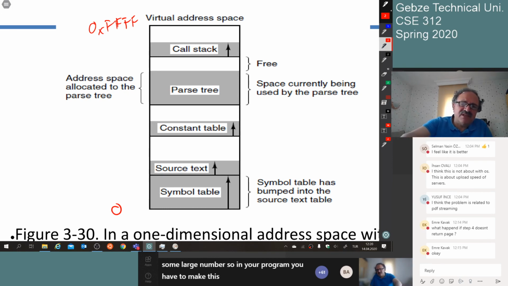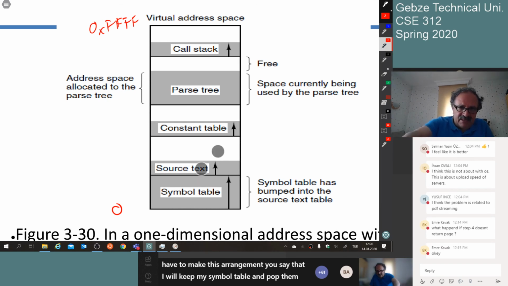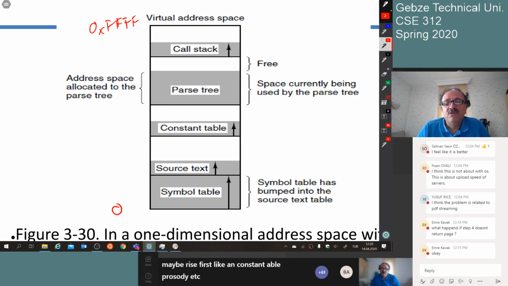You will say that I will keep my symbol table at the top, then maybe my source text, then constant table, parse tree, etc. The problem is you have to make all of these dynamic, shrinking and growing. You have to handle all of them yourself.